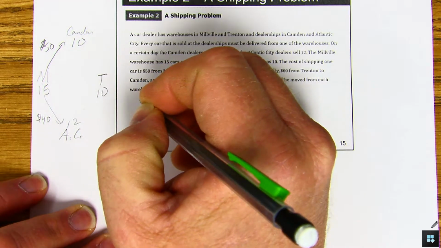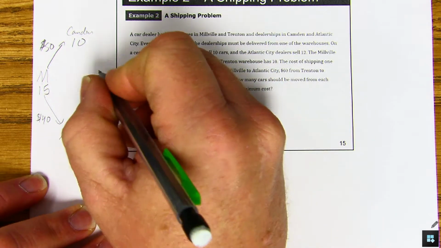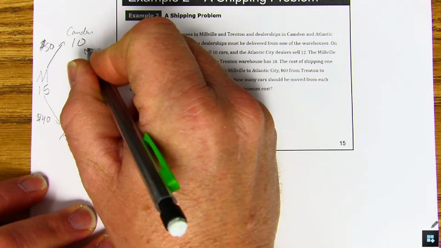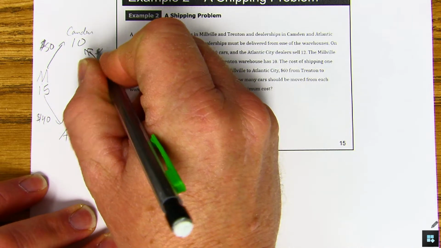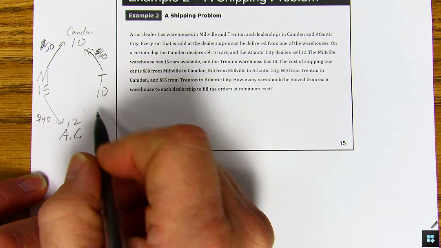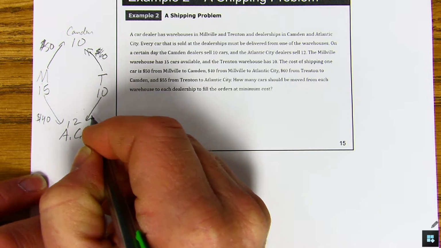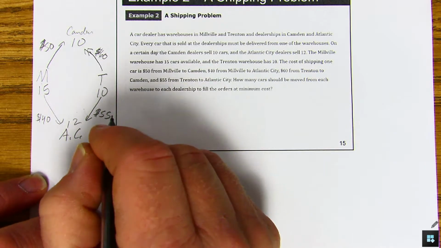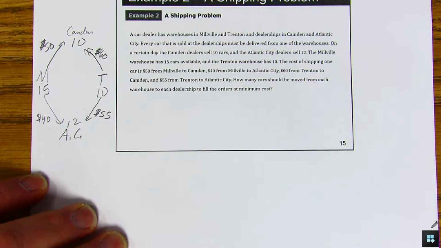Then they tell me from Trenton to Camden is $60 cost to move a car. And then the cost to move from Trenton to Atlantic City is $55. So again, a lot of information going on. Let's see if we can just sort through some of this stuff.